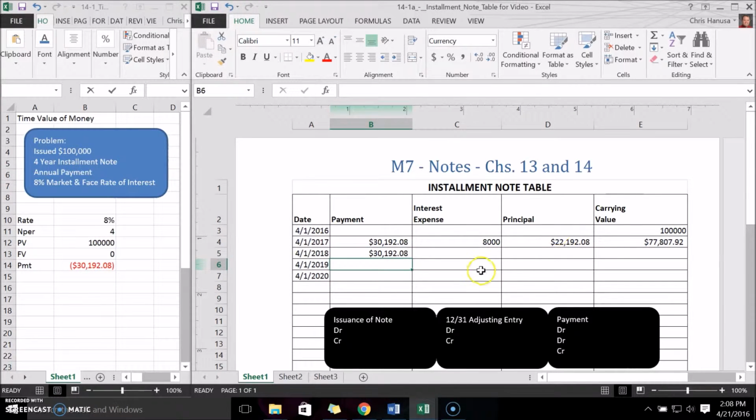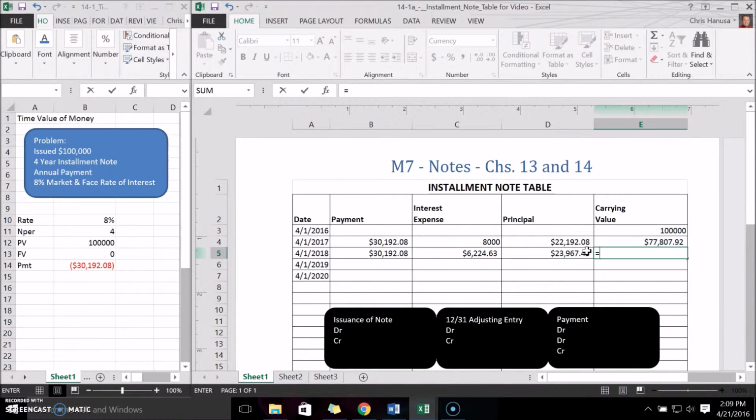And the interest expense calculation, again, we're taking how much we owe, so our carrying value, times the 8%. And again, we can see our principal calculation is the same. Take that 30 minus the interest expense. Carrying value calculation, same thing. Take our prior carrying value, subtract the principal we just paid, and now we're down to owing $53,000.